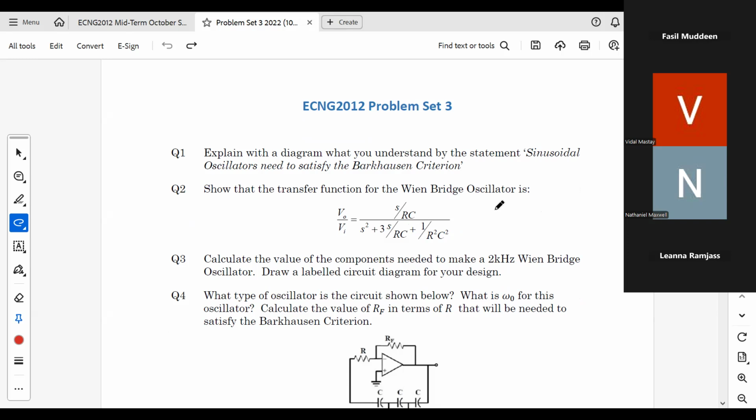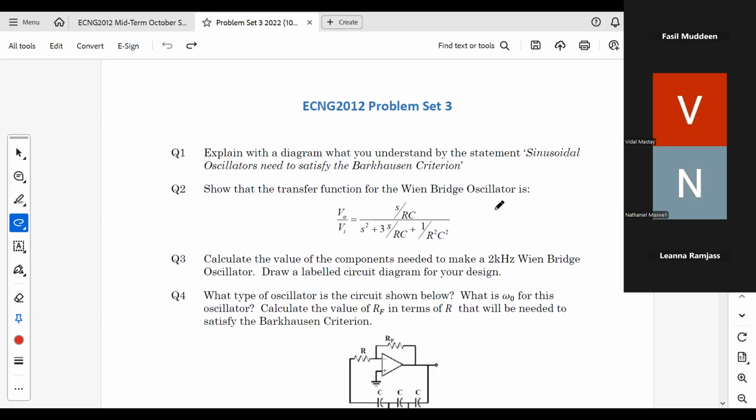It's a Z1 and a Z2, and if you work out the voltage division across that network, you get the transfer function looking like what we have there. And if you want to find out the frequency of oscillation, then you substitute s equal to j omega into that thing on top there. And then you find the value of omega to get rid of the imaginary part of that transfer function.